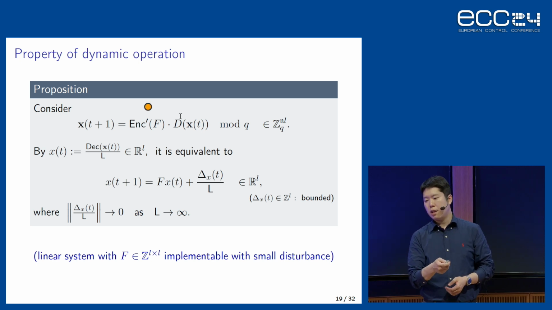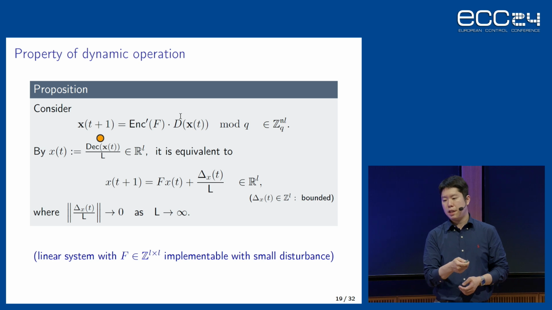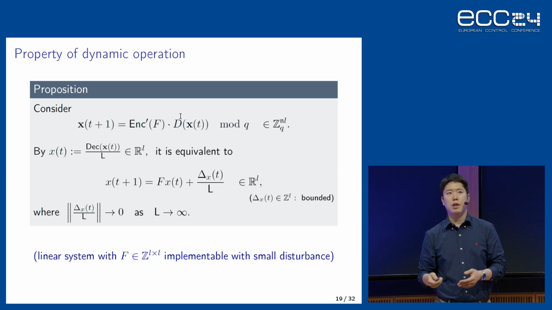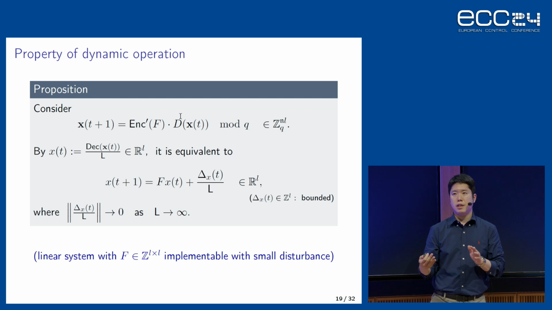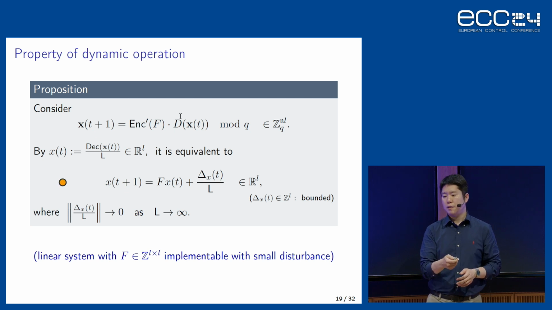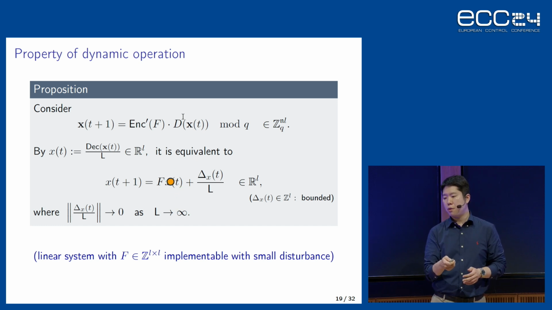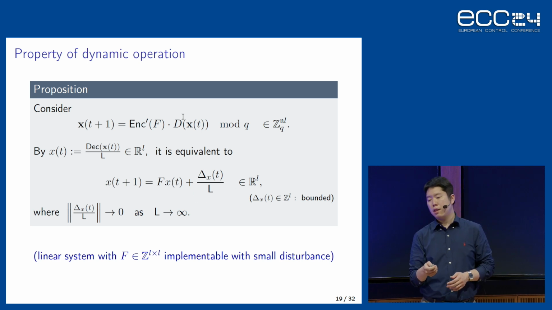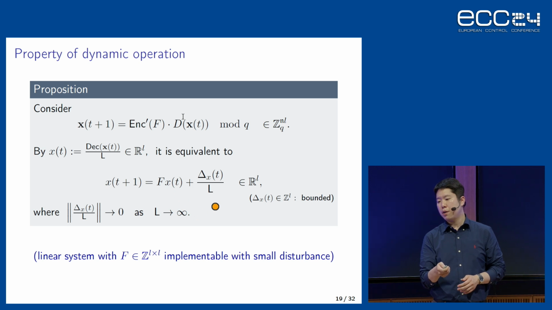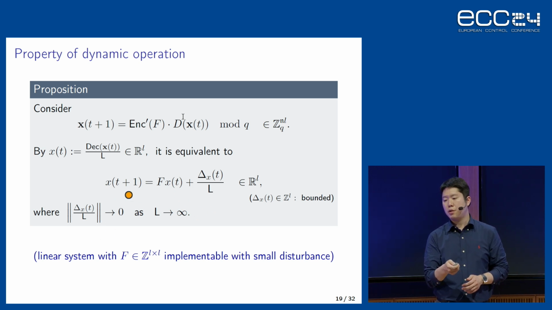And then after decrypting this state for the analysis, you can find its performance is exactly the same as that of the linear systems, with the presence of small errors because of the use of encryption. But as we have seen, by use of the scale factor, the size of the error is bounded, and we can choose the scale factor arbitrarily large, so that this perturbation term or error term can be made arbitrarily small.